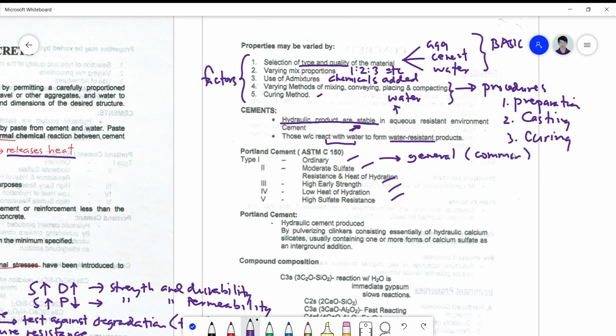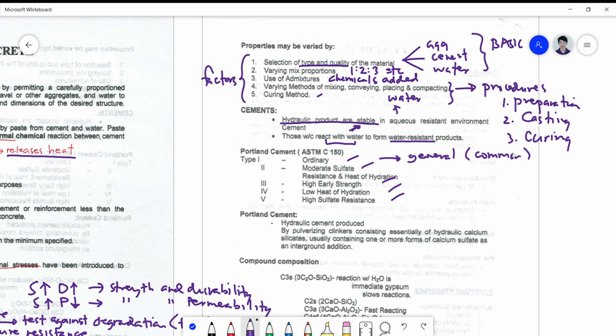For the moderate type 2, moderate sulfate resistance and moderate heat of hydration.